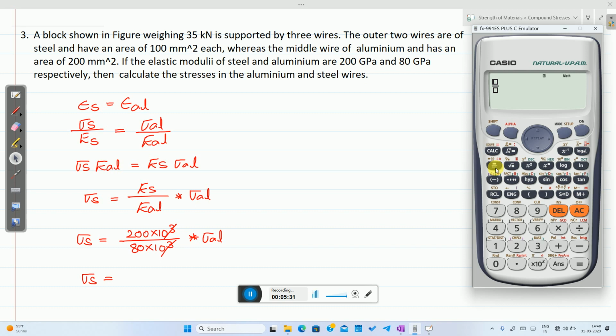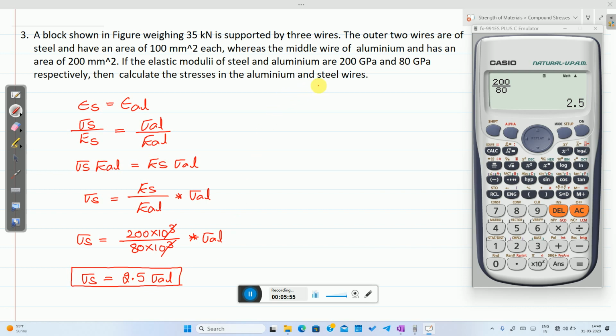So 200 divided by 80 will be 2.5. So sigma S equals 2.5 into sigma AL. So this is your equation.